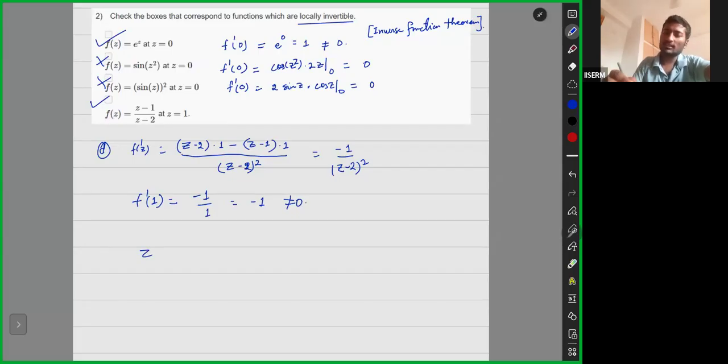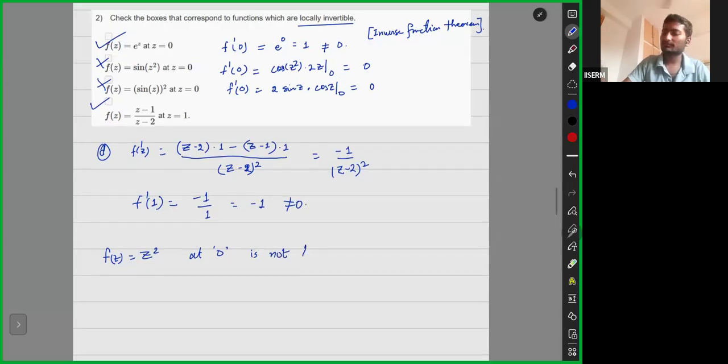So these two examples are also there. Why are they wrong? You look at z square. What does z square do? See the picture now. Then we'll realize if f(z) is z square at 0, it is not biholomorphic, it is not locally invertible.